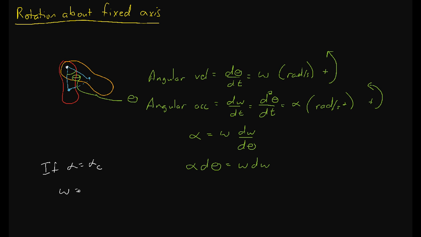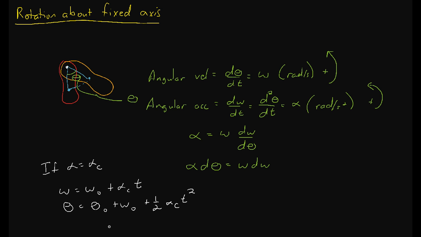Again, going back to the rectilinear, the things that you're more familiar with, if we had a constant acceleration, then we had a set of equations that were pretty easy to use to find the position and the velocity. So the same thing here: the angular velocity is equal to the initial angular velocity, omega naught, plus the constant acceleration times time, and then theta is equal to theta naught plus omega naught t.